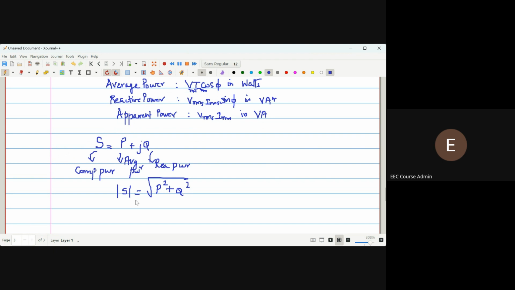That will be the apparent power in volt ampere. Ma'am, what is the unit that you have written for reactive power? V, capital A, then small r. To denote reactive, it is small r. Okay.